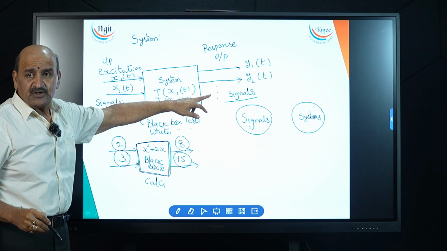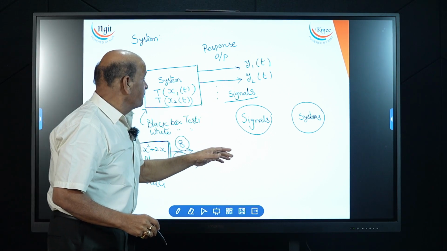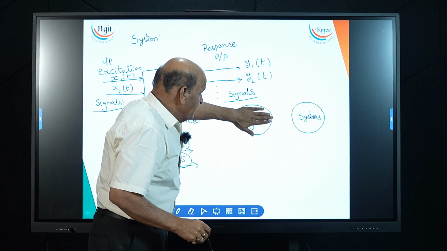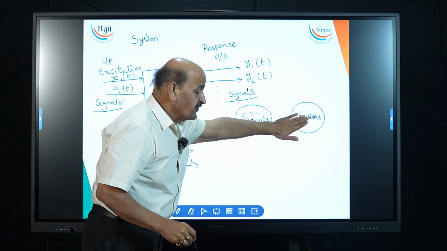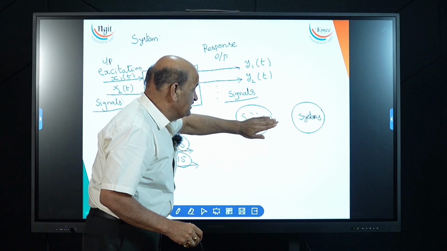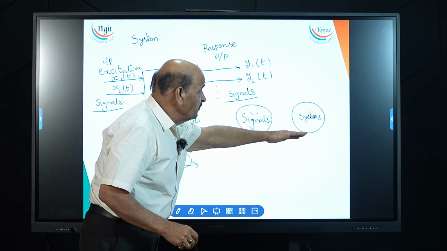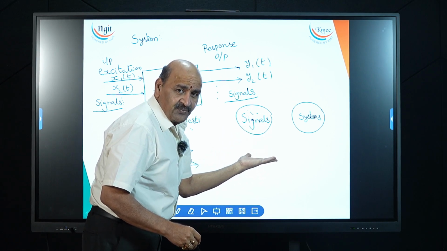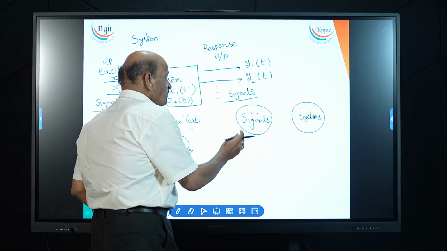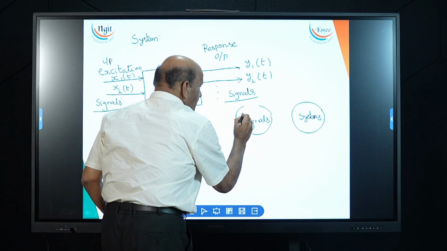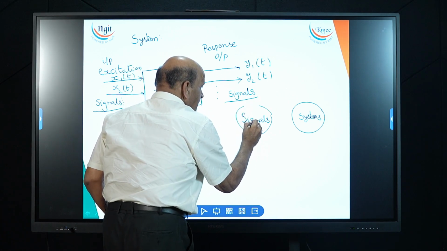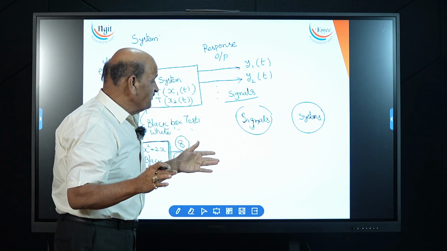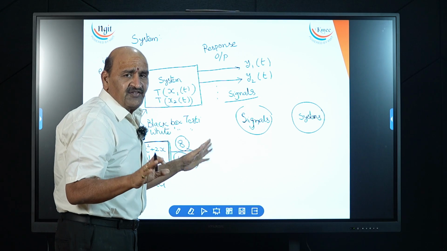Signals are different, systems are different. Without signals, no system works out. Without systems, no signal is meaningful. Students have to understand this again. Without signals, no system works out, just as without petrol, no vehicle runs.